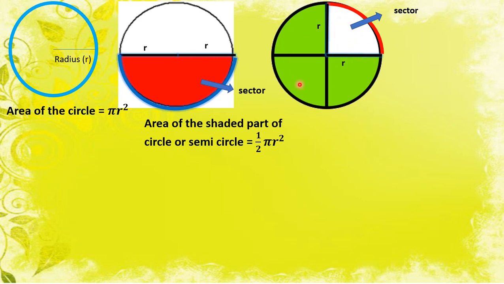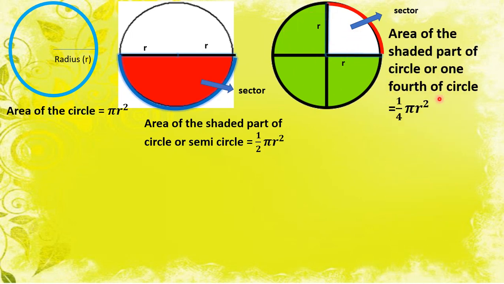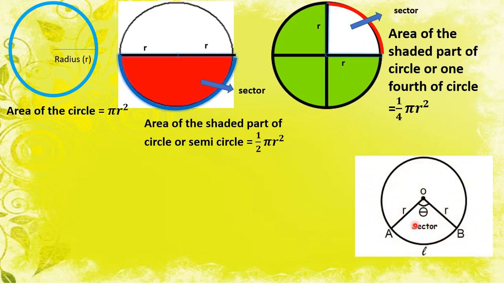Remember one thing: the two diameters divide this circle into 4 equal areas. Each of these 4 parts has an area of 1 by 4 of the area of the circle, meaning 1 by 4 into pi r square. Now can you find the area of this figure where the two radii and an arc make a sector?